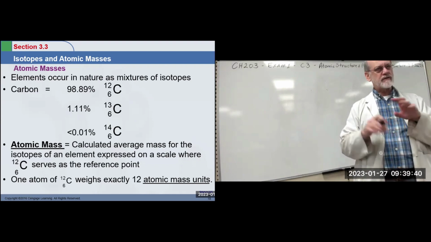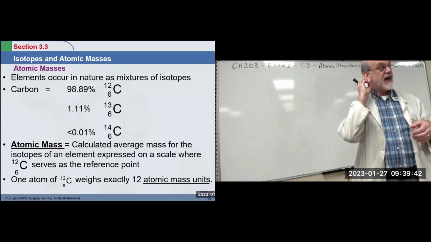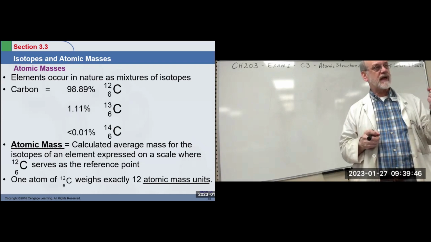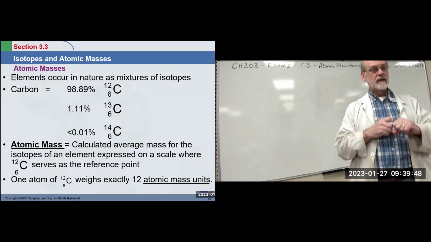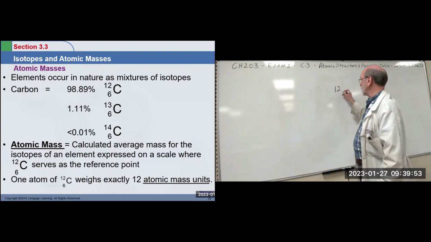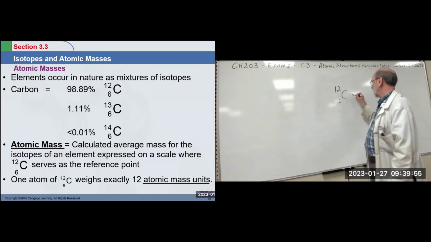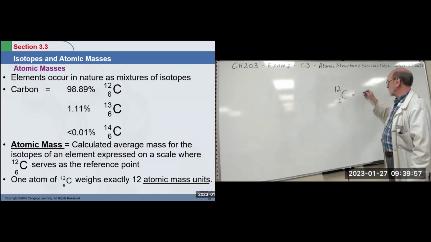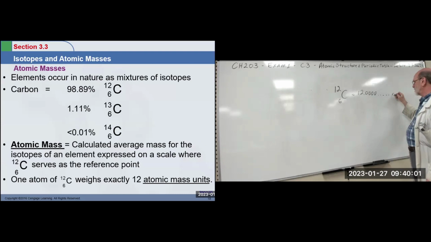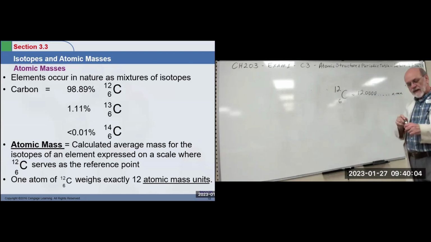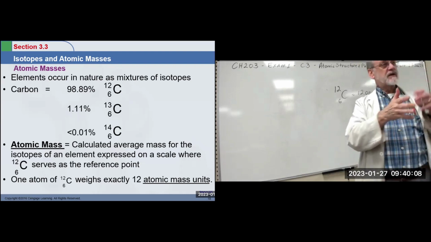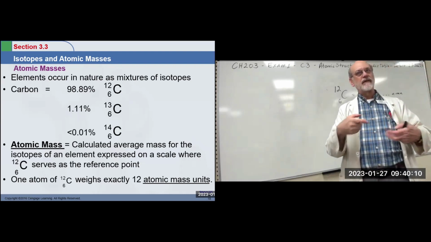And we may use that to help us calculate, but in fact, there's only one isotope that's accepted as a whole number. And that's, by convention, this isotope of carbon, which is equal to 12 atomic mass units for that one atom. It's fixed. We need a reference point, and that's carbon.